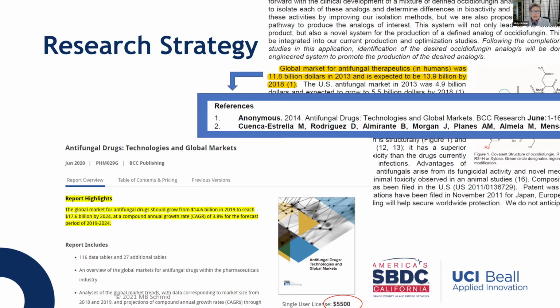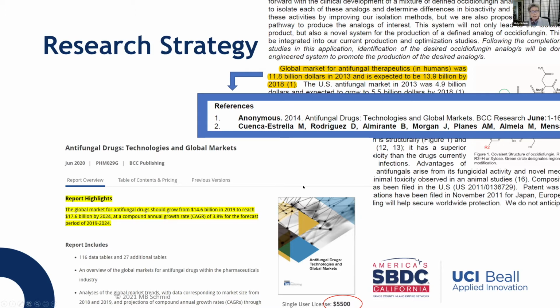All right. And so, as many of you know, these market research reports typically cost a lot. Here, this particular BCC antifungal research report costs $5,500. So do you have to spend that? And the answer is no.